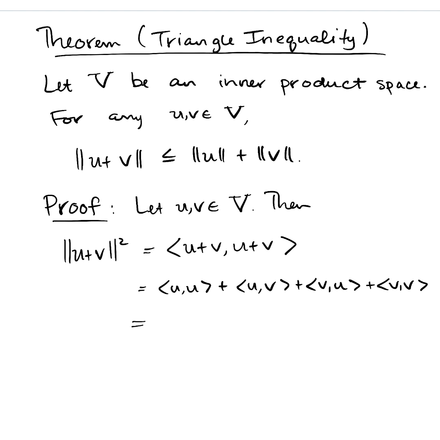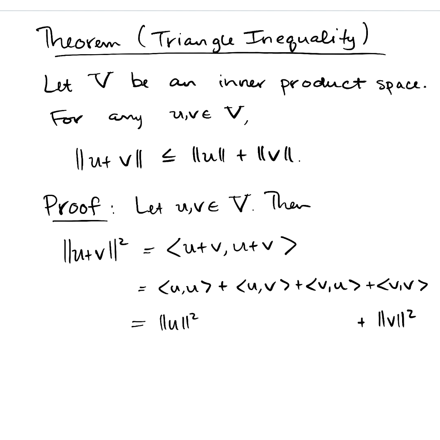Okay, so that first term there, that's just the norm of U squared, which we're happy to see because that's one of the ingredients on the right-hand side of the thing we're trying to prove. And this last term here, that's norm of V squared, also happy to see that. These middle terms, now we don't know anything about those. There is no hypothesis in place here about U and V being orthogonal.